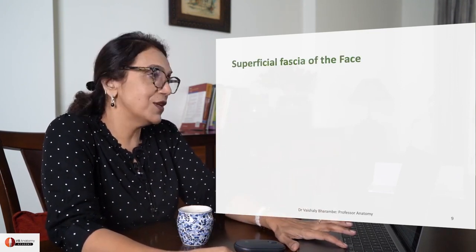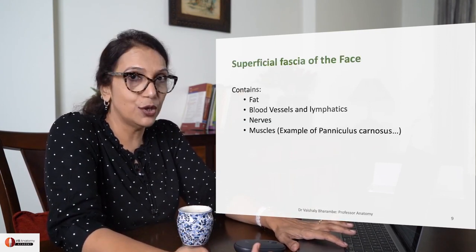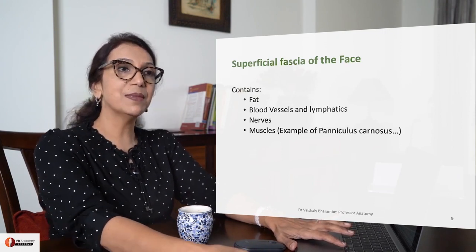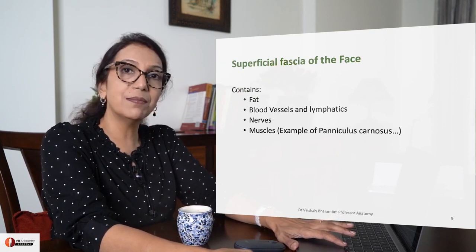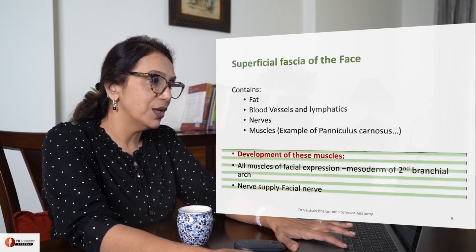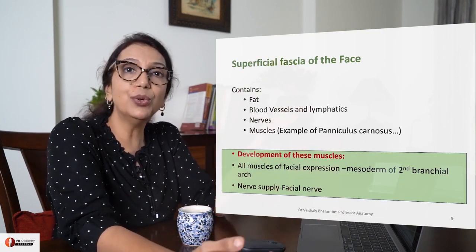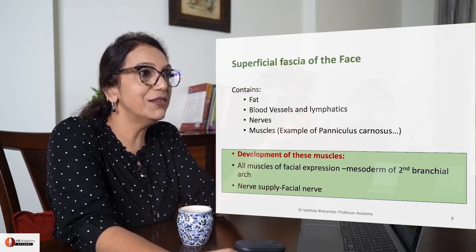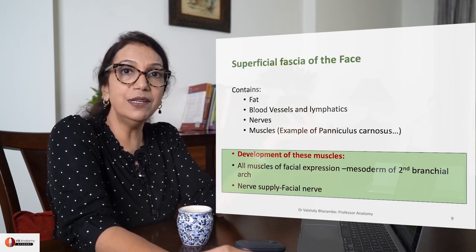The superficial fascia of the face contains fat, blood vessels, lymphatics and nerves, like I told you, and it contains muscles. These muscles are called panniculus carnosus, which is muscle in superficial fascia. So what's so special about this? What is special is that you don't normally get muscles in your superficial fascia, isn't it? It's only in face and a few other places that you get muscle in superficial fascia.